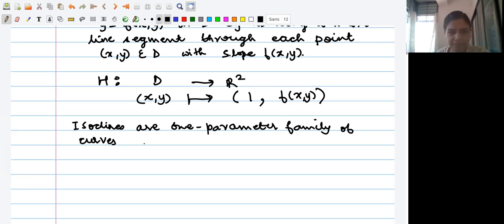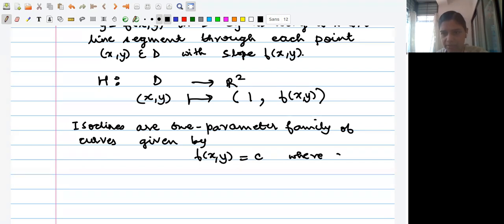How are they defined? They are given by setting f(x,y) equal to a constant, where c is a constant.